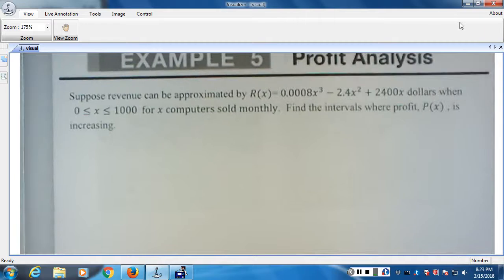So then what we do is we suppose that revenue can be approximated by this function. Now, revenue is the money you bring in from selling those computers. Remember, this is what the computers cost you.